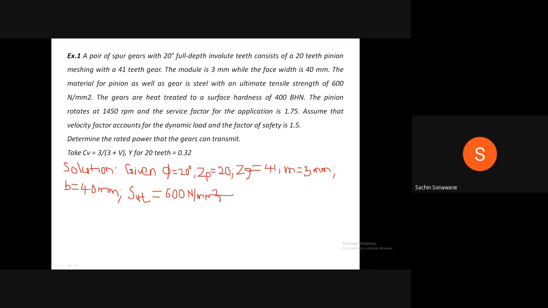Now, they have given us the gears are heat treated to a surface hardness of 400 BHN. Therefore, they have provided a value of BHN. Write down BHN is equal to 400.